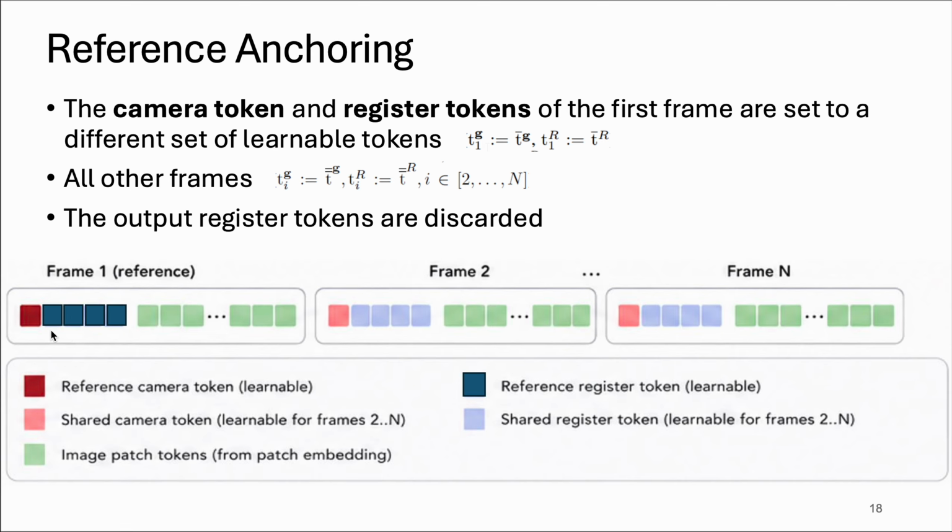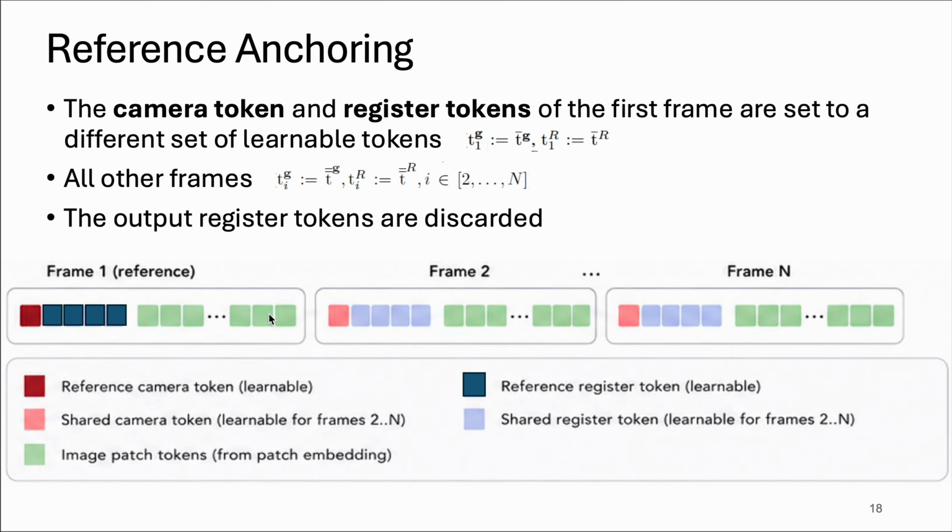So here is what this means. Frame 1 is the reference frame. This frame needs to be identified from the network structure. How to identify this? This frame was assigned learnable camera tokens, called reference camera tokens, and 4 reference register tokens.